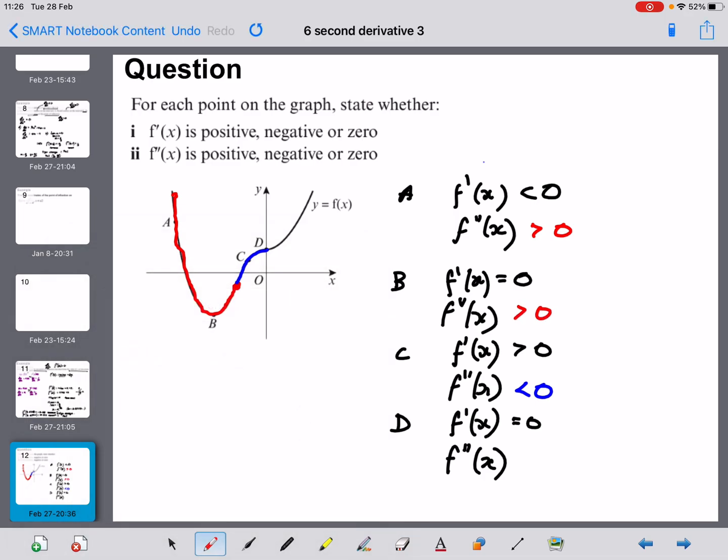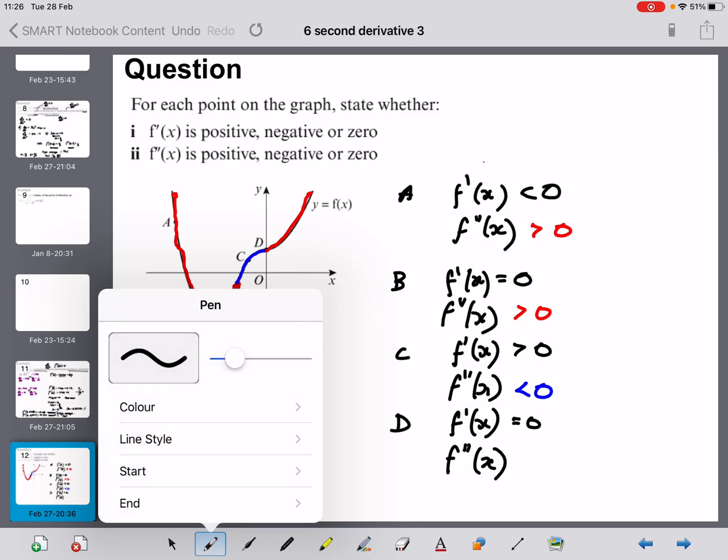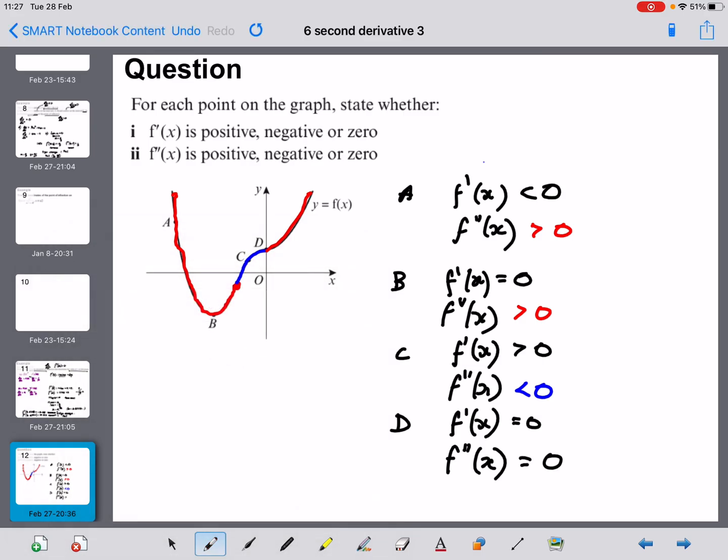At D, we have a point of inflection. So the graph, if you think of y equals x cubed, so that is going to be where it is equal to 0. And that is a point of inflection.